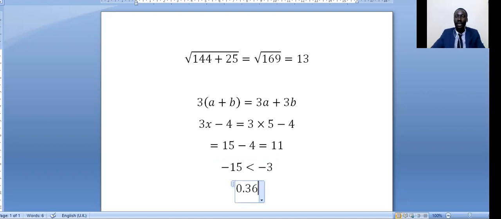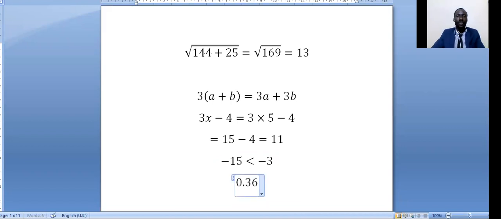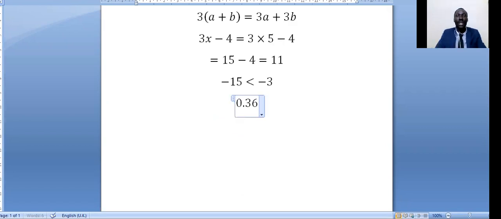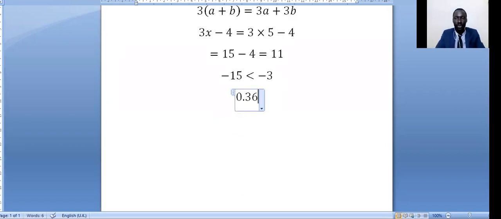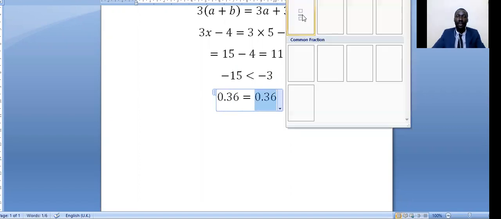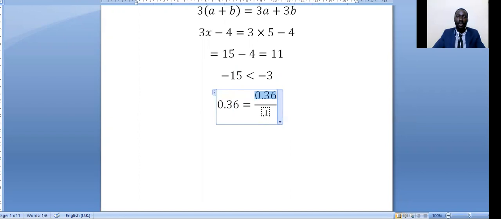Notice that if you are given a decimal fraction and you're supposed to change it to a common fraction, the first thing you want to do is to write this decimal fraction as a proper or common fraction. You do that by placing it over 1.